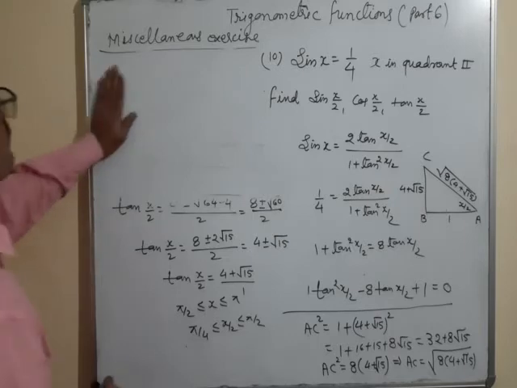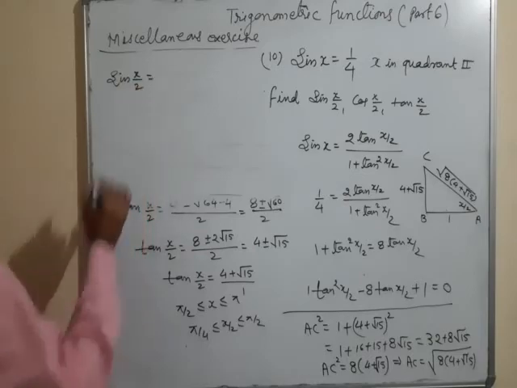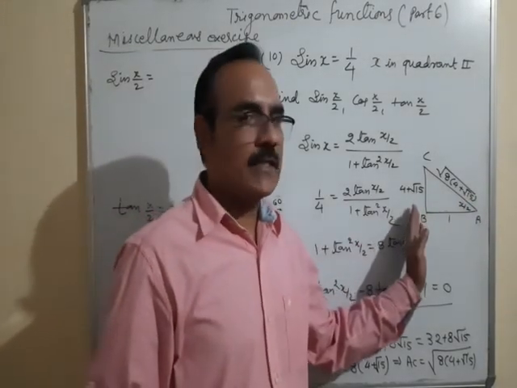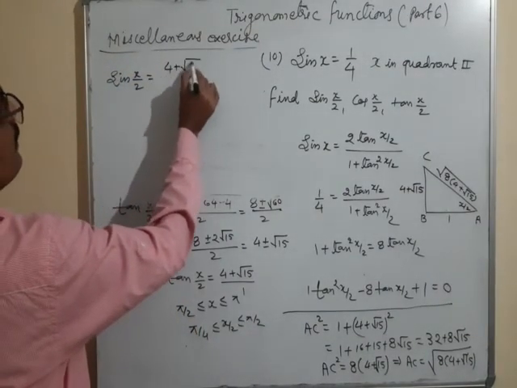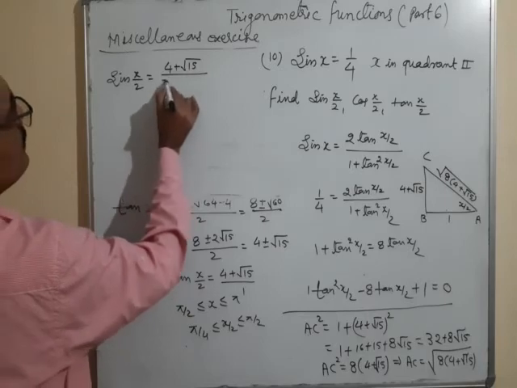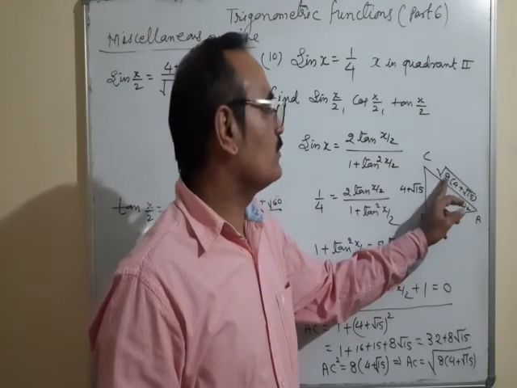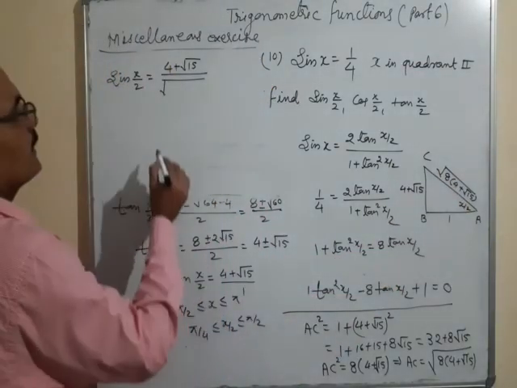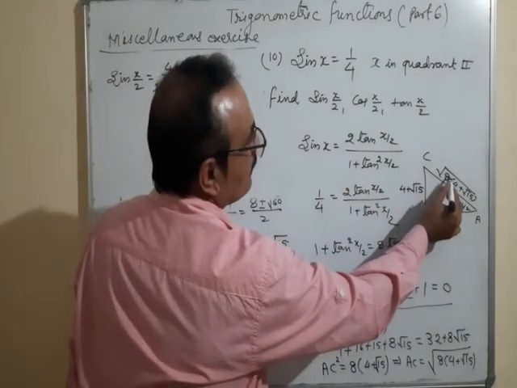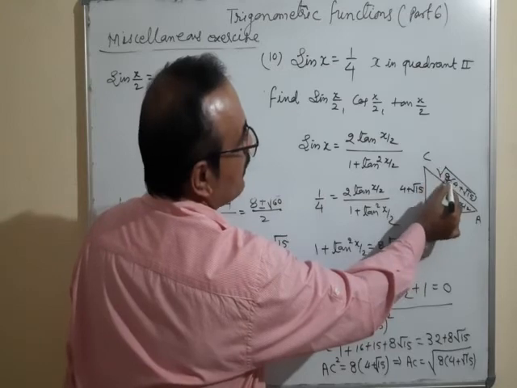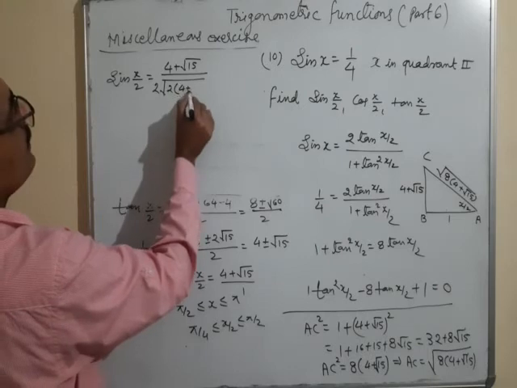Sin x by 2 is equal to opposite side upon hypotenuse, so 4 plus under root 15 upon under root 8 times 4 plus under root 15. Here 8 I can write as 2 into 2 into 2, so one pair of 2 comes out, leaving 2 under root 2 times 4 plus under root 15.